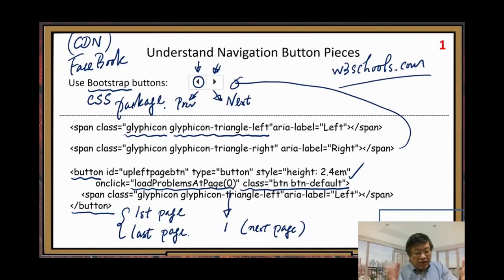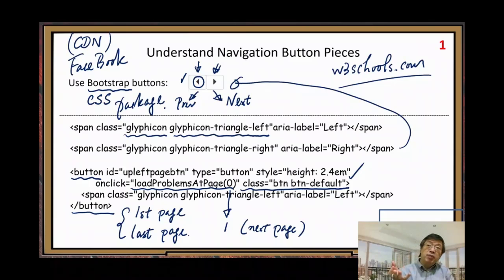When we display the first page, do you still need the left triangle previous page button? You don't need it, right? Because we are at the first page. There is no previous page for the first page, right? So here in this project, we use a simple way.